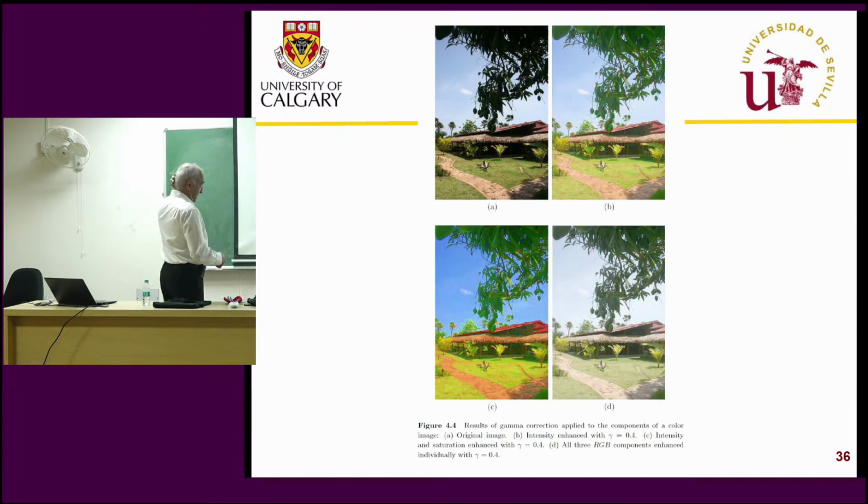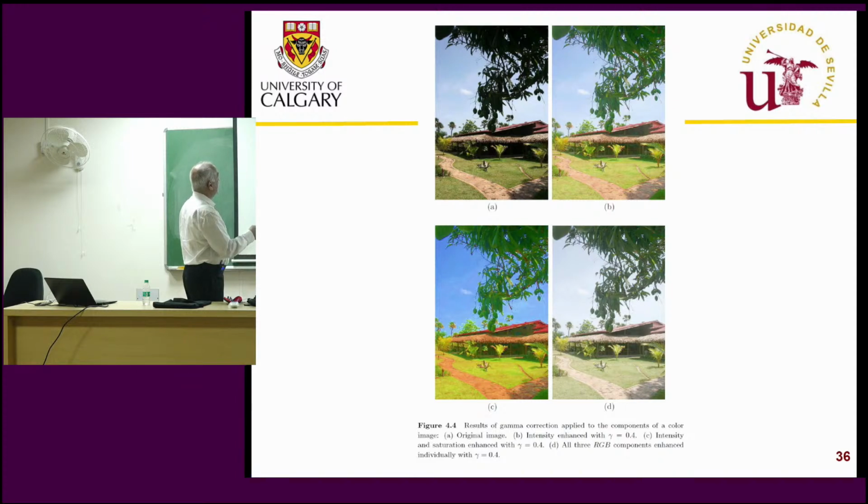So gamma correction: I took this picture in Brazil. It doesn't matter where. There is the restaurant there, and a nice mango tree here with the fruit hanging there. But I took it this way, and there is so much background light. The mangoes here don't show up in their natural color. They're almost black because there is no light going this way.